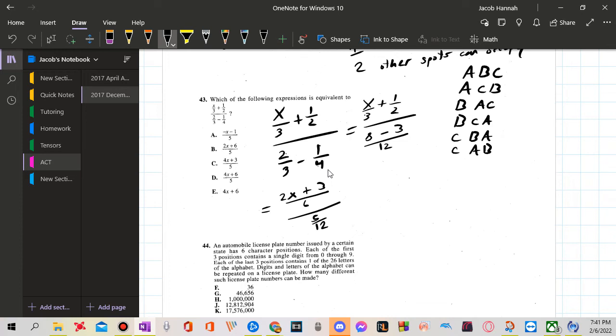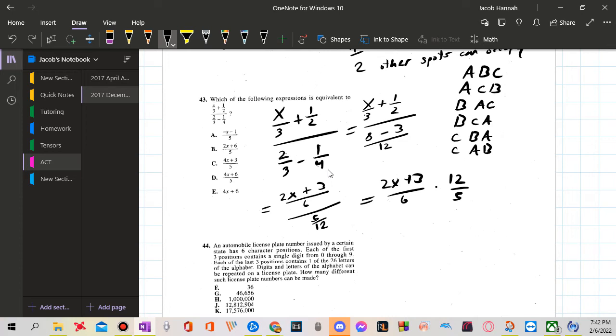So basically when you have a situation like this where you have fractions dividing another fraction, you can flip this. So this 2x plus 3 divided by 6 is now being multiplied by 12 fifths. So this just flips.